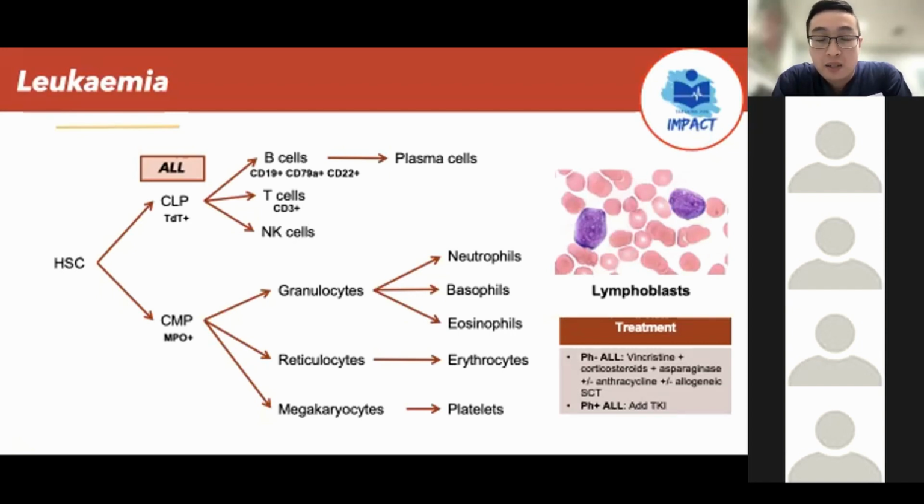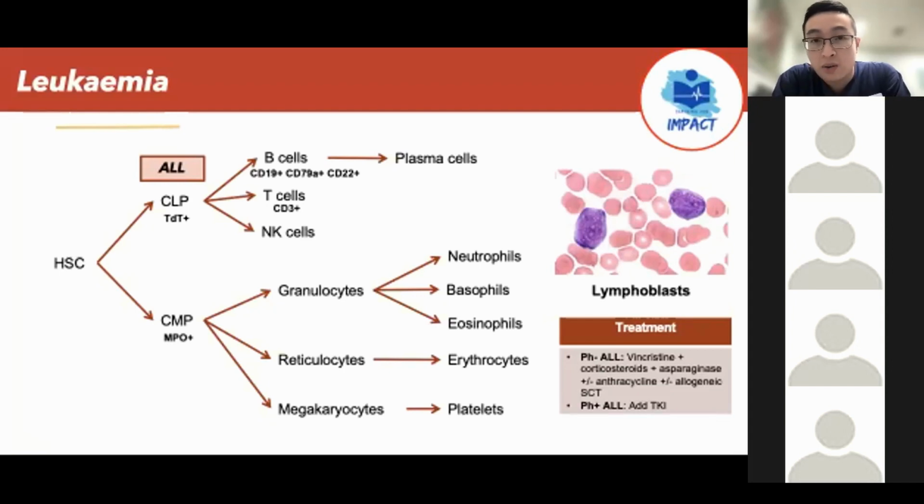And hence, we call this kind of cancer an acute lymphoblastic leukemia. Acute because it's highly aggressive and it presents acutely. Lymphoblastic because it comes from a common lymphoid progenitor, and leukemia because, assuming most of the cancer burden is in the peripheral blood, then we call it leukemia.